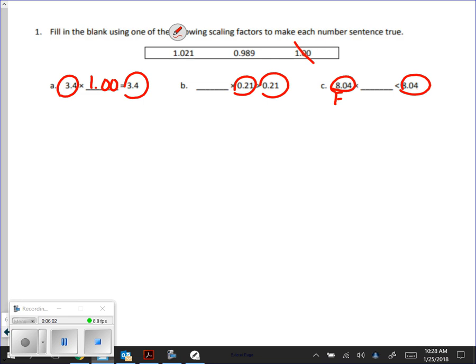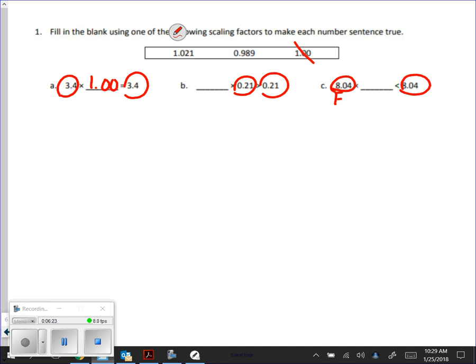Which one of these would make my product, Kaylin, bigger than 21/100? My initial product would be larger. Aiden. 1 and 21 thousandths.